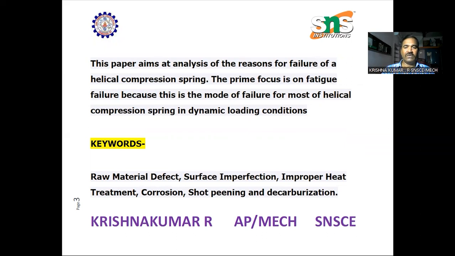The prime focus is on fatigue failure because this is the mode of failure for most helical compression springs in dynamic loading condition. Keywords: raw material defect, surface imperfection, improper heat treatment, corrosion, and decarburization.